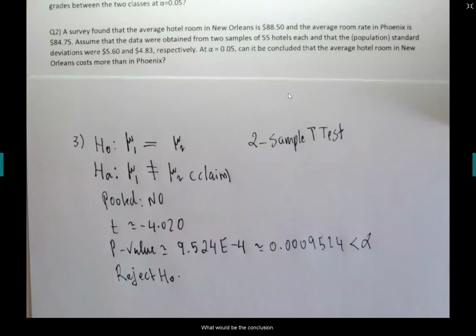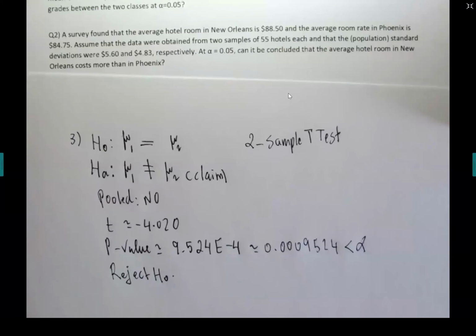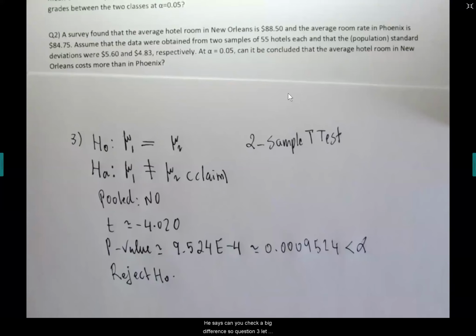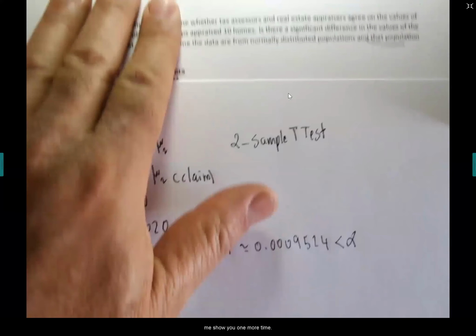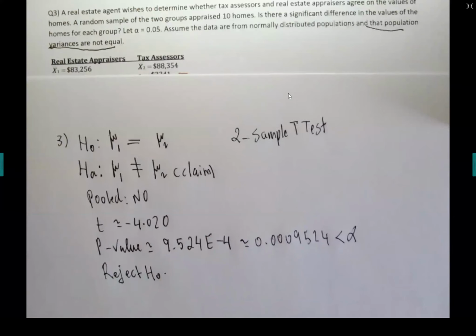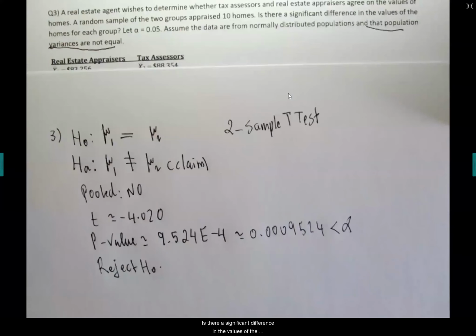What would be the conclusion? He says, can you check if they are different? So question 3, let me show you one more time. Is there significant difference in the values of the homes for each group?